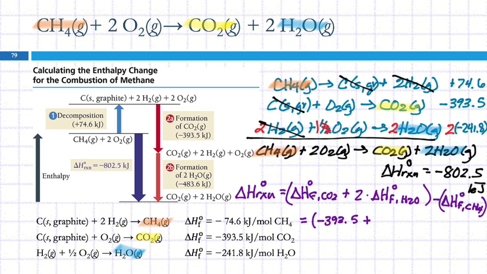Yeah, so then 2 times the heat of formation of the water, 241.8. Minus the heat of formation of the methane, because we're taking it apart. So that's negative 74.6.